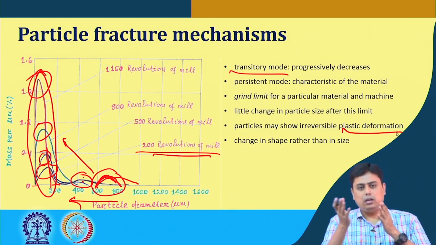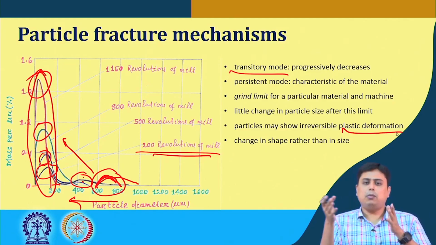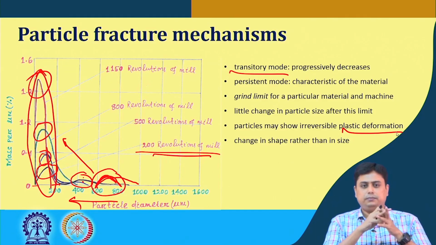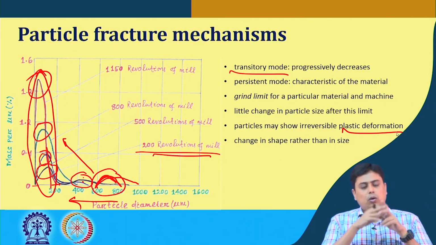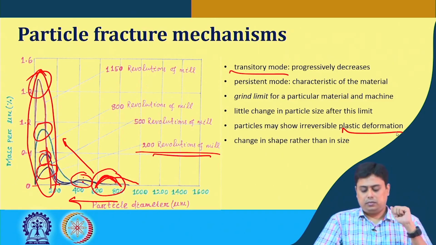One way of reducing further can be giving it to a different equipment as a feed, and that brings that cascade of operation or sequence of operations in different stages, because this grind limit exists. So, beyond this grind limit, the size won't change, but the shape may alter.